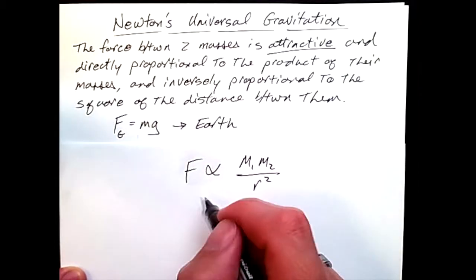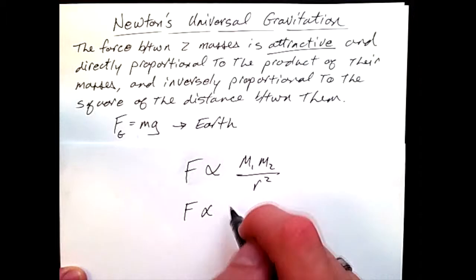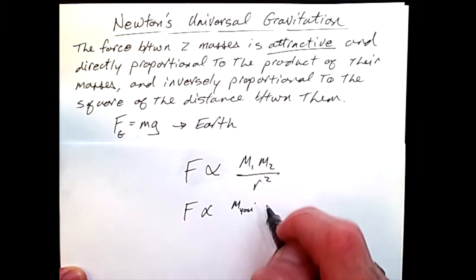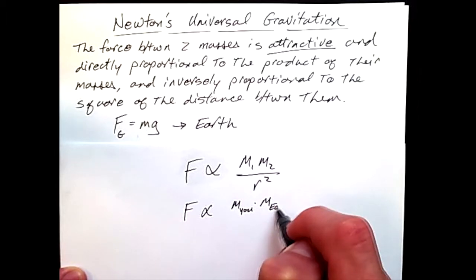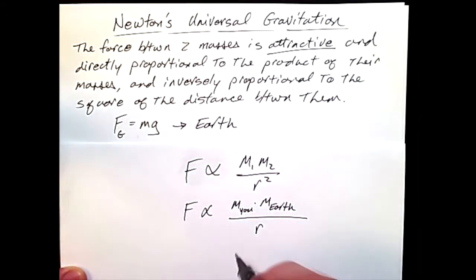But if we were looking at it in a general sense, then we would say the force of attraction between you and the Earth would be the mass of you times the mass of Earth divided by the separation between you and the Earth, which in this case would be the radius of the Earth squared, right?